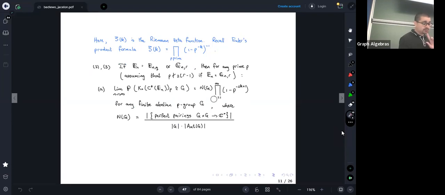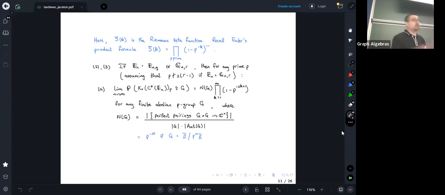First of all, this infinite product involving p is slightly different, this normalizing factor. But also, we're not just dividing by the size of the automorphism group, we're dividing by this expression, which is the number of perfect pairings on G divided by the size of the automorphism group. By perfect pairing, I mean a symmetric bilinear form, considering these as Z-modules, but that should be non-degenerate in a suitable sense.